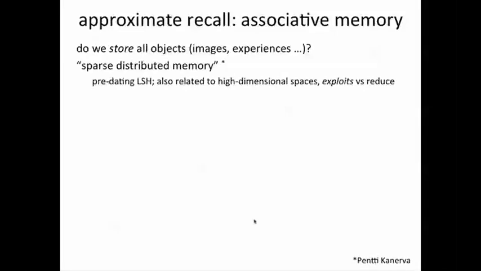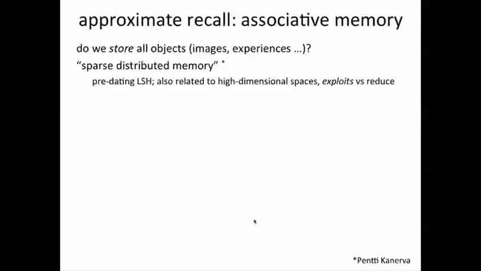Way back in the late 80s and early 90s, Pentti Kanerva, then working at NASA, came up with a concept called sparse distributed memory, which tried to model how humans actually store data, in particular high dimensional data like images, experiences, and many of the things that we are exposed to are high dimensional.